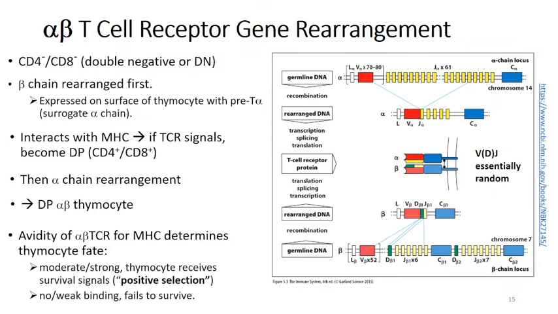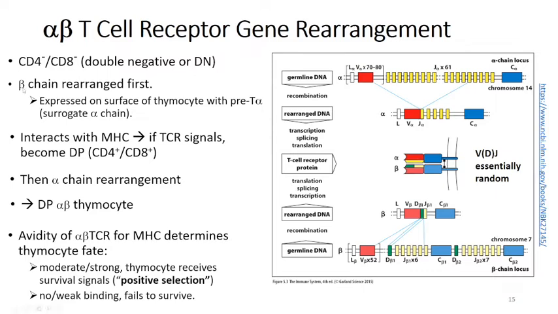But if the binding is actually very weak, then this process produces a whole variety of different receptors. A lot of them are just non-functional. So CD4 and CD8, we'll come to the difference between CD4 and CD8. That determines whether they were class 1 or class 2.